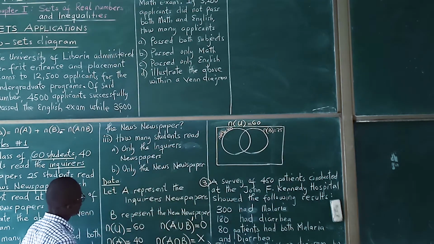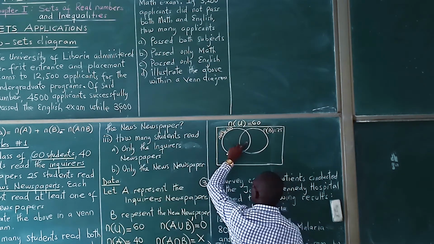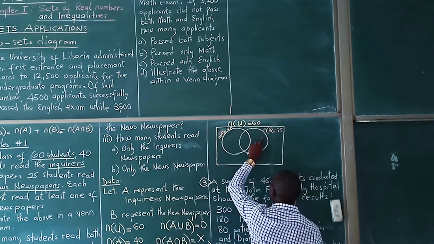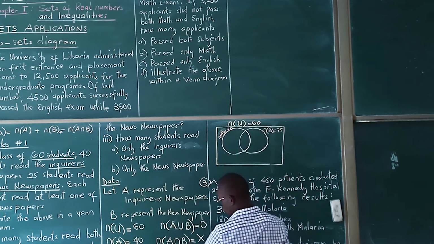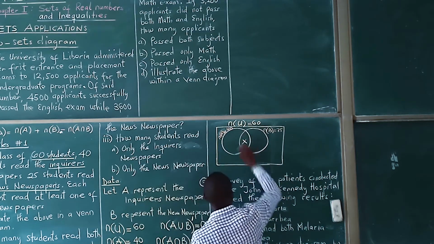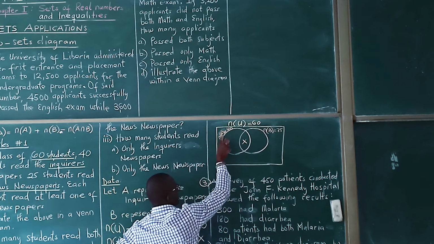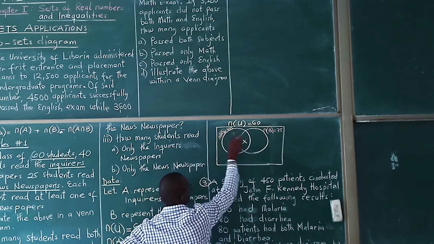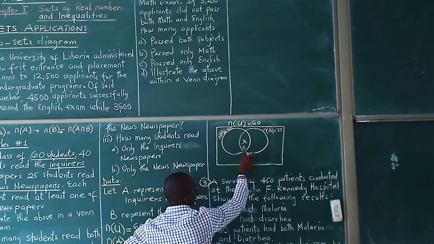Now, this intersection, those who read the newspapers and that of the Inquirer newspapers, was unknown. So we represented it by X. So we say let this be X. Now mind you, those students who are part of set A, the 40 students, some of them are also part of the intersection.